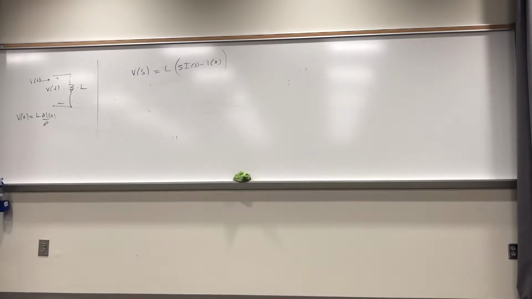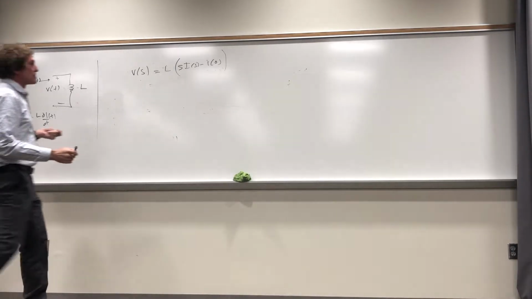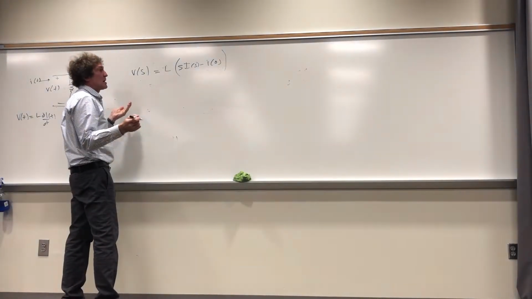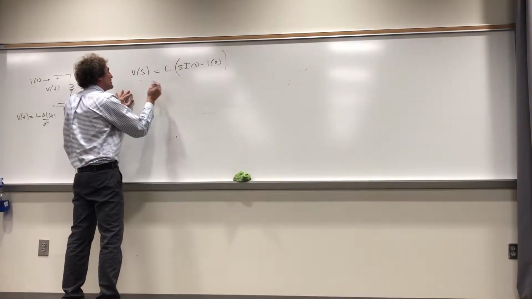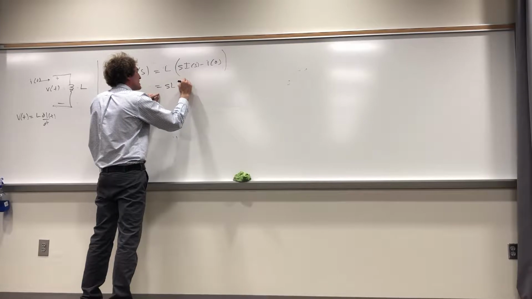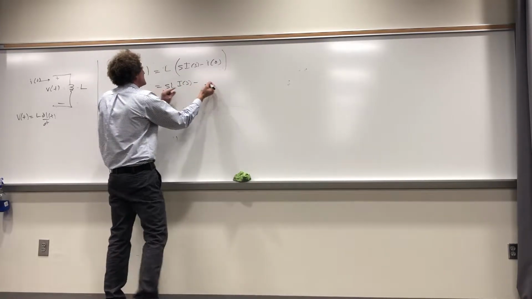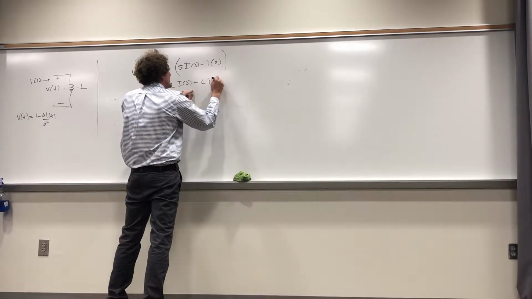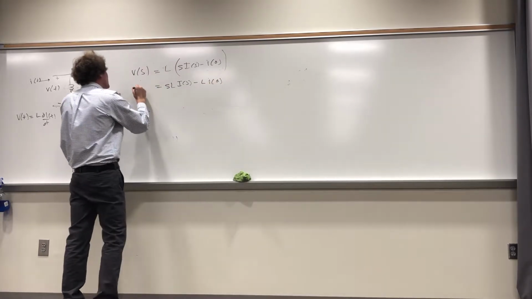Are you with me, class? How many see this right here? Now we rearrange this. Actually, we don't even need to rearrange it. I can say this is just s times L times I of s, minus L times i of 0, is V of s.